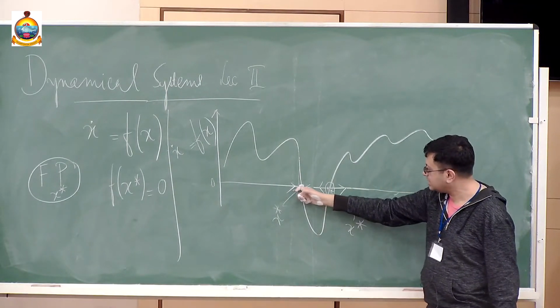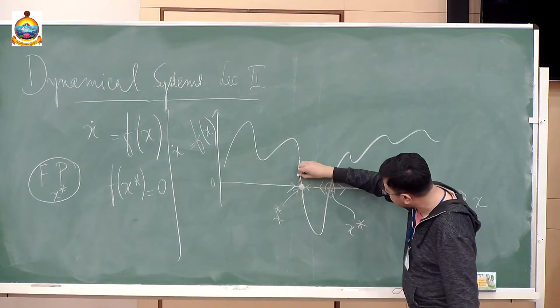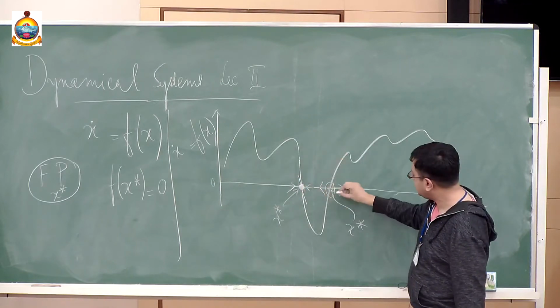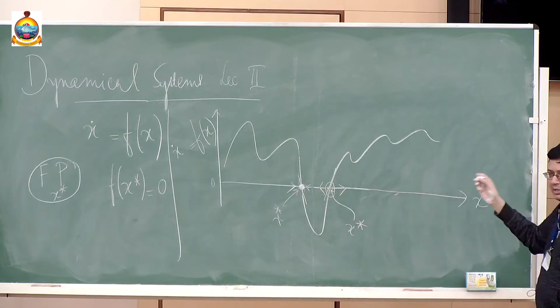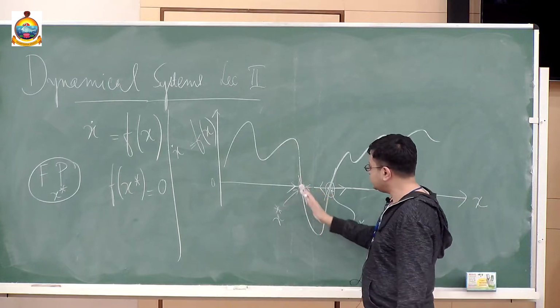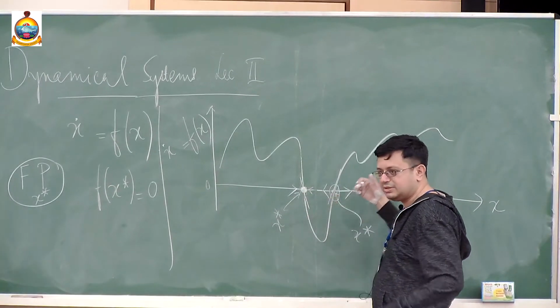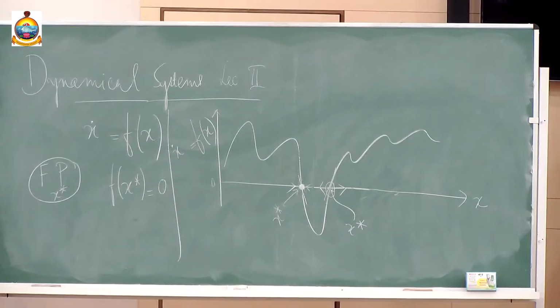At this point the tangent to this curve is like this way, and here the tangent is like this way. You can check that in one case the velocity is indeed negative, and therefore you are pushed to that point, while in the other case it is the other way around, and therefore you have an unstable fixed point.